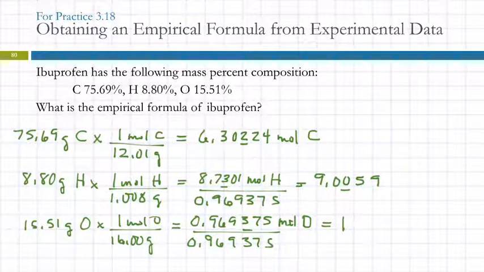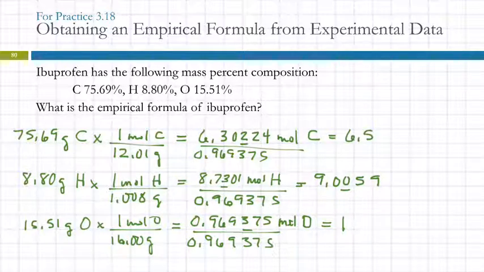Oh, that's looking nice. And I'll take this one and divide by 0.969375. 6.30224 divided by 0.969375 equals, and this one comes out to be 6.50134.